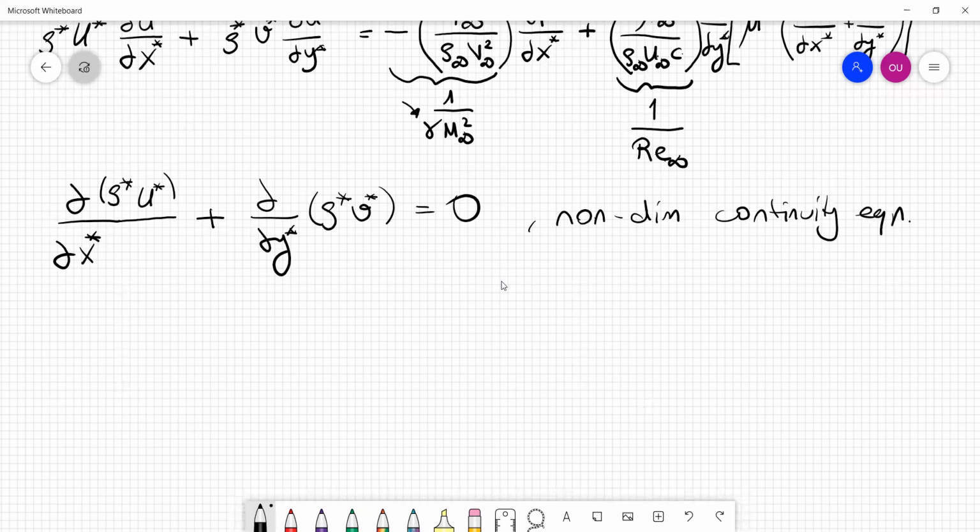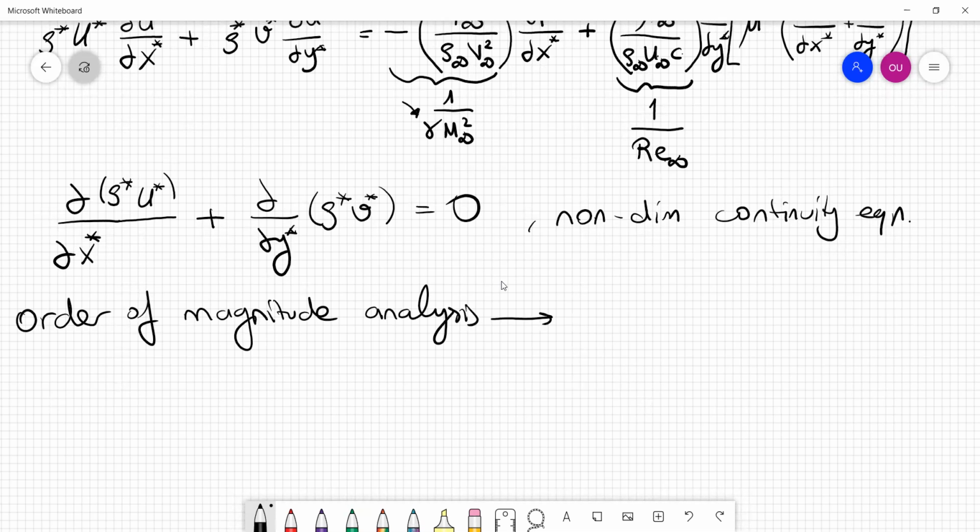On this equation now, we will apply what we call, in boundary layer theory, the order of magnitude analysis, okay? This order of magnitude analysis is a methodology, and it's very simple.